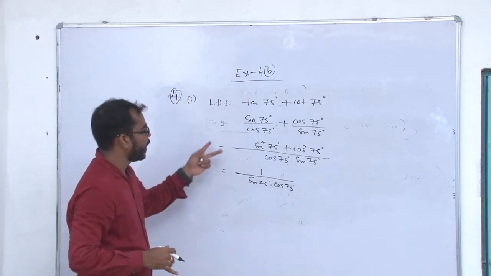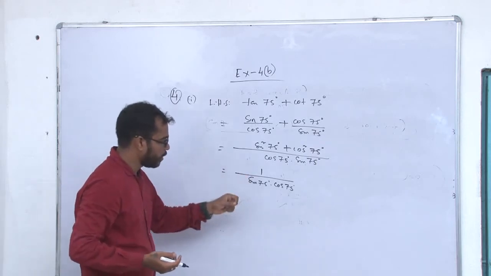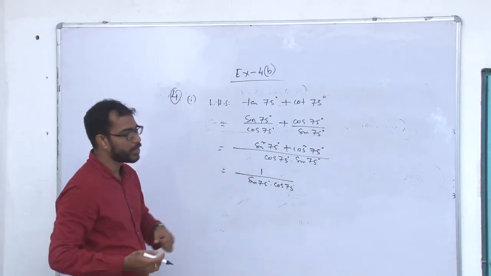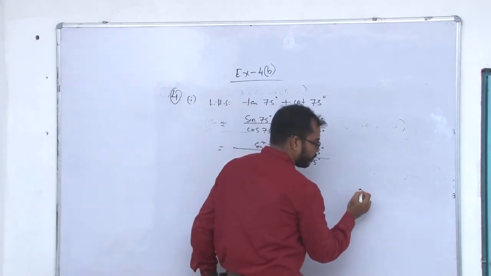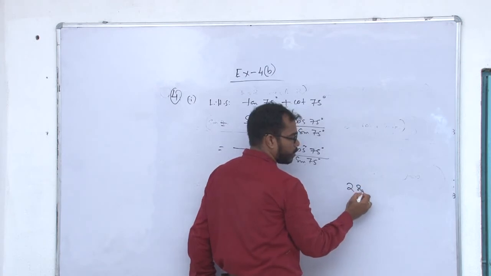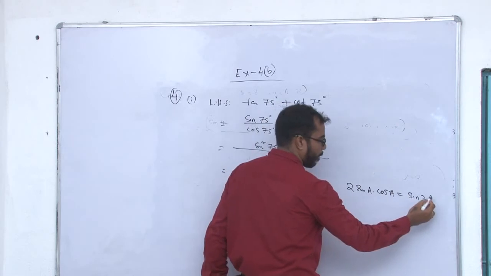But we have to prove that this expression is 4. So here we have 1 by sine 75 into cos 75. As you know, 2 sine A into cos A is equal to sine 2A.